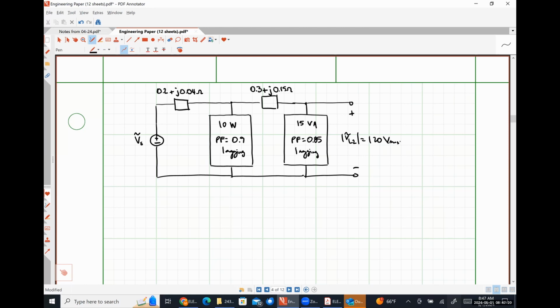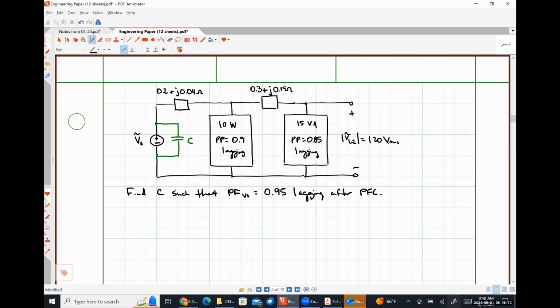And I want us to determine the value of the capacitance C here such that the power factor of the voltage source is equal to 0.95 lagging after power factor correction.